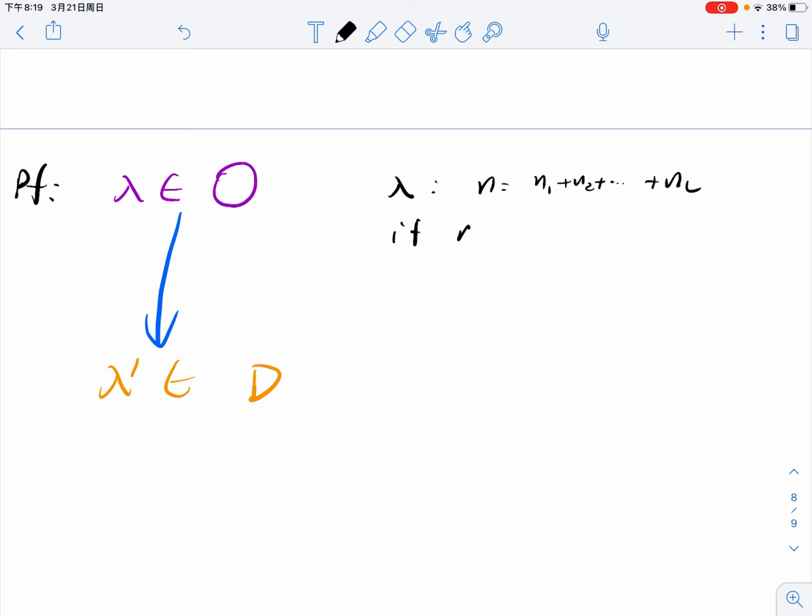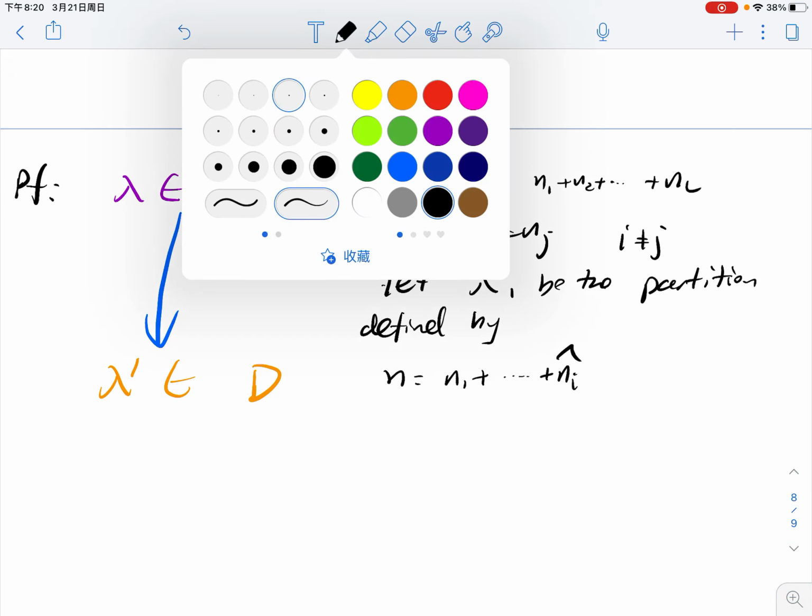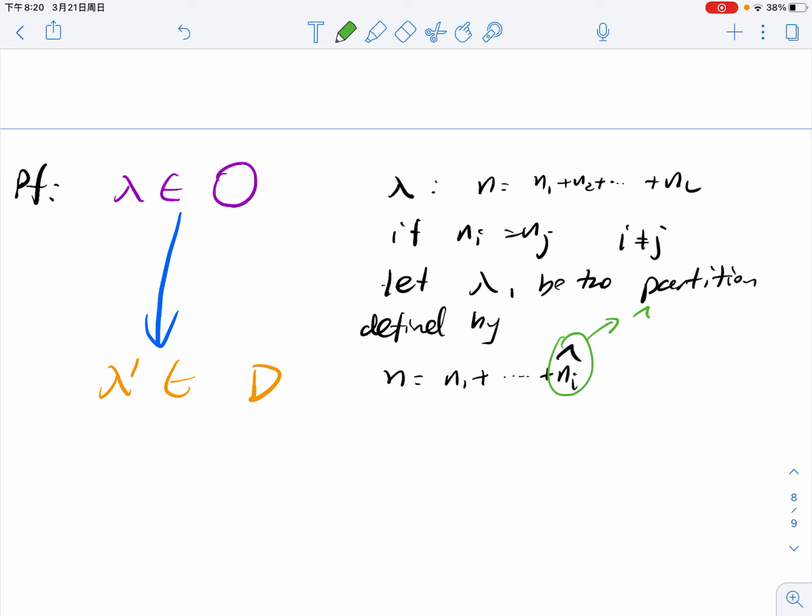If ni equals nj for certain i different from j, let lambda 1 be the partition defined as follows: you still have n1 all the way to nl, but this hat sign means deleting.